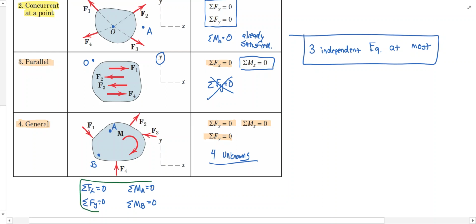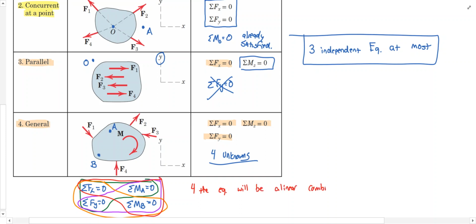So you could either take these 3, or you could take these 3, or you could take these 3, or you could take these 3. But you can't take all 4. And what will happen is the fourth equation will be a linear combination of the other three.